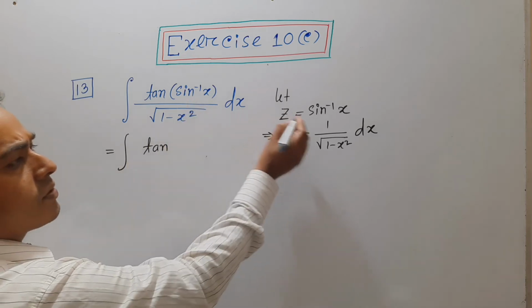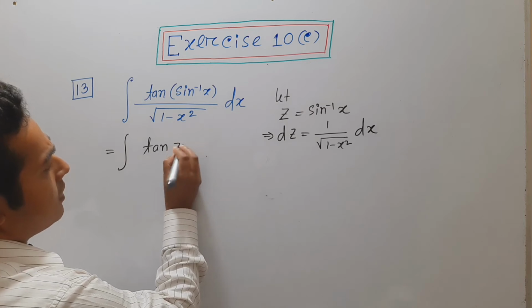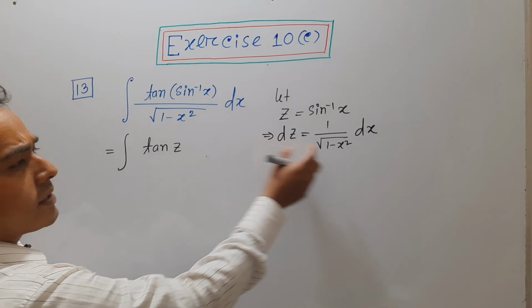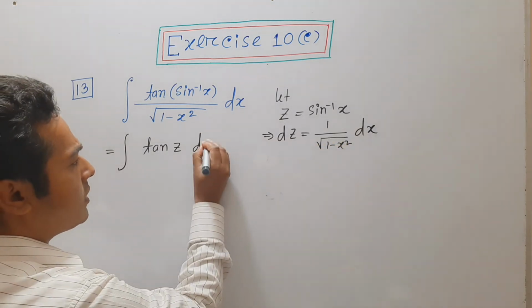Now sin inverse x is equal to z, and dx divided by root over 1 minus x square is equal to dz.